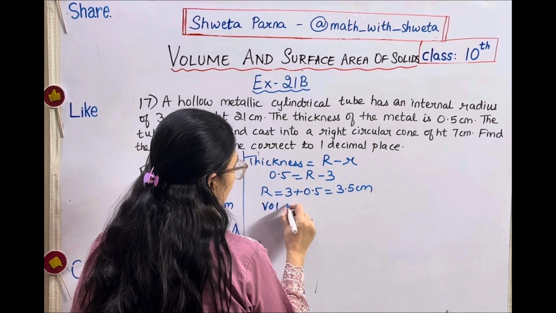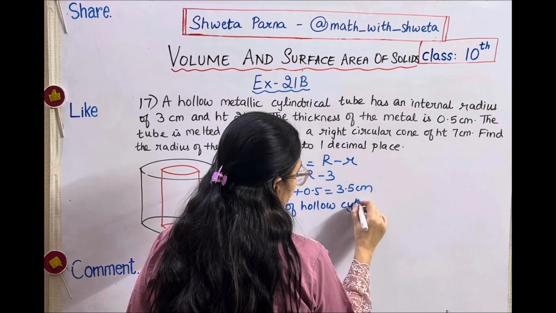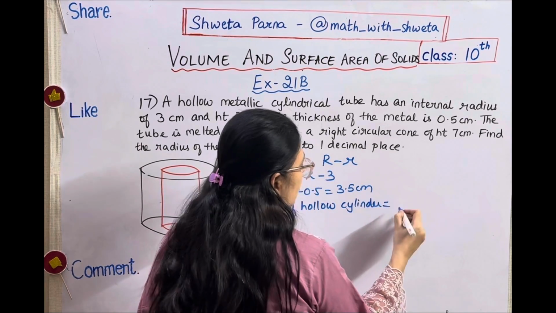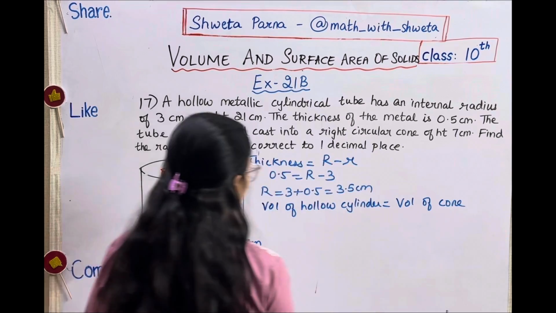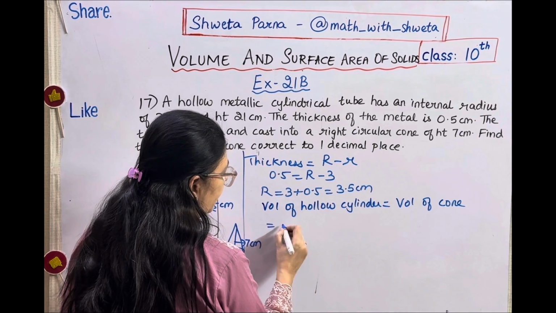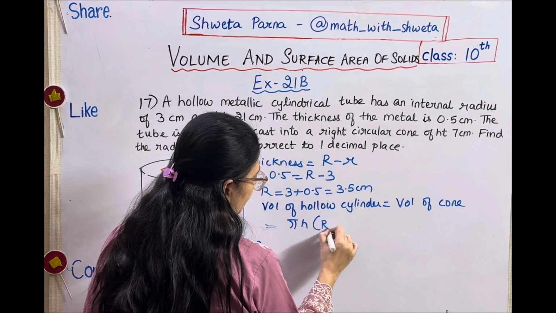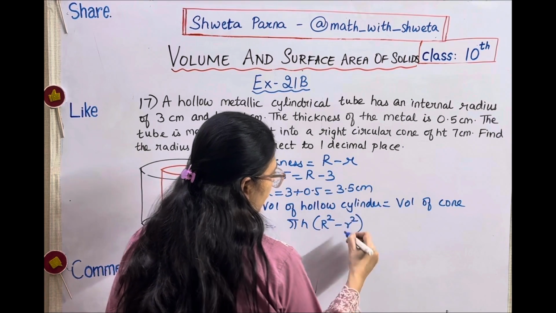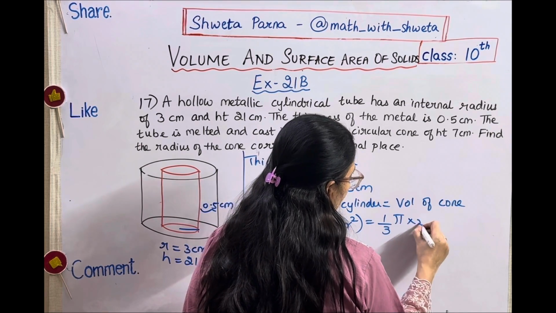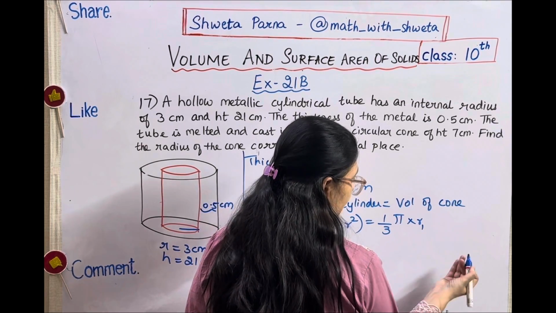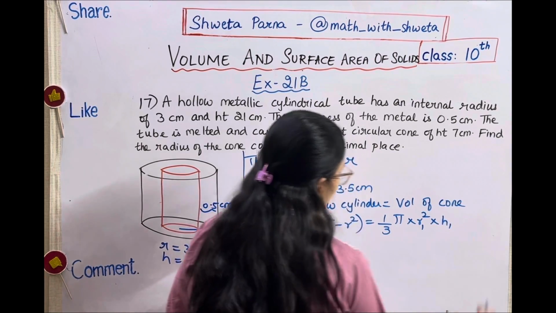So volume of hollow cylinder is equal to volume of cone. Only one cone was being made. Now what is the formula? It is pi h bracket R square minus r square, which is equal to 1 by 3 pi r1 square h1.